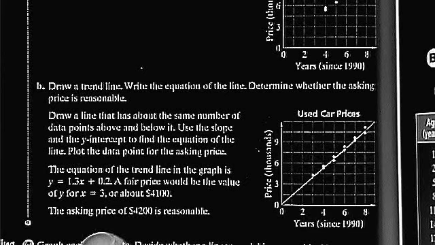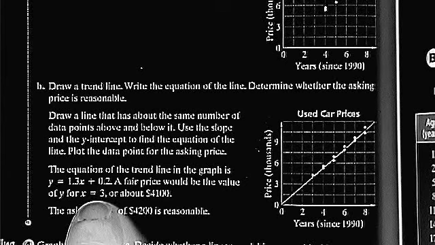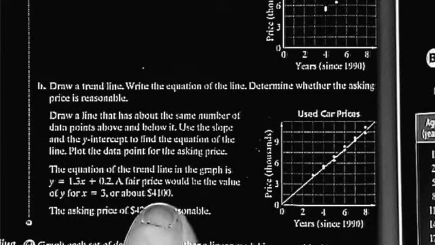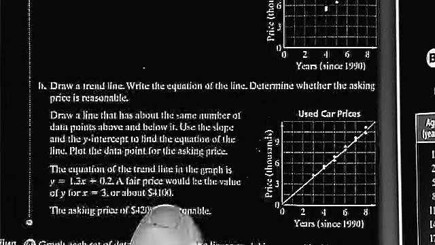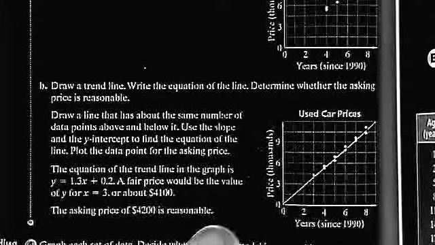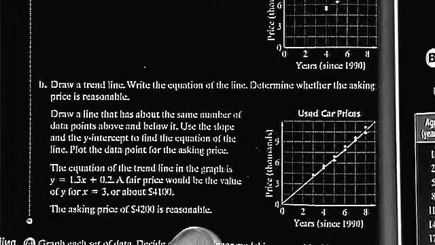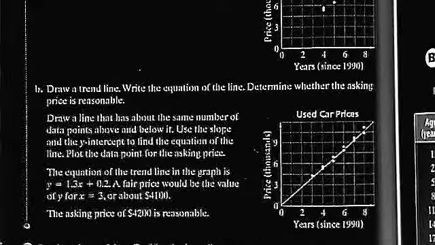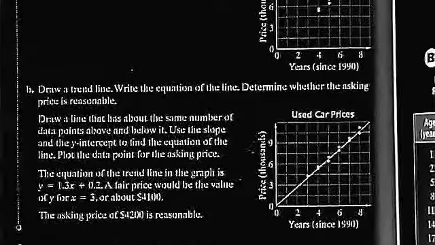Anyway, it says that if we're going to use the 1993 model, that would be an x value of 3, and if you plug that into the equation, you end up getting a fair market price of $4,100, right? So asking $4,200 is fairly reasonable. It's not outrageous. We'll definitely do an example of this in class, making sure you understand how you have to come up with the equation of your line.